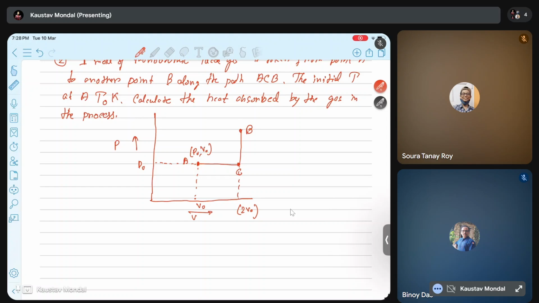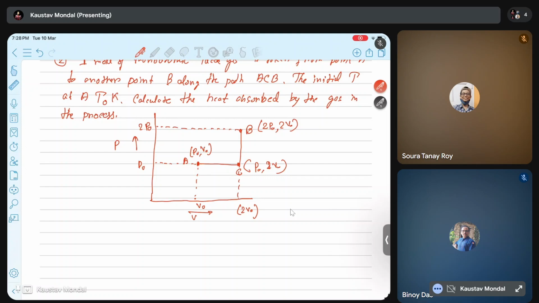Okay. Next, at point B, the pressure expands to 2P0. So at point B the coordinates are 2V0, 2P0. At point C, the coordinates are 2V0, P0. Okay. Now throughout this process, you have to calculate the heat absorbed.